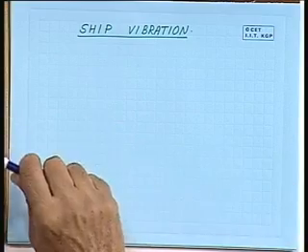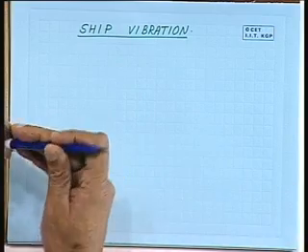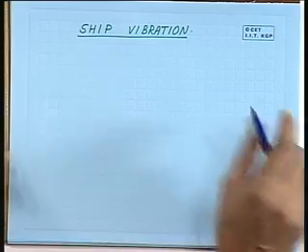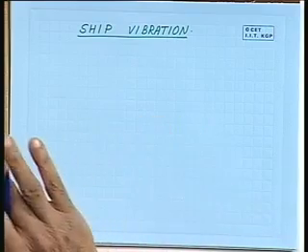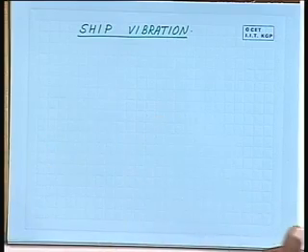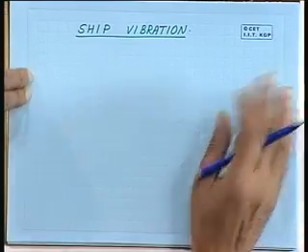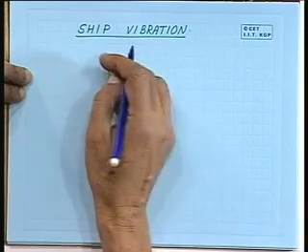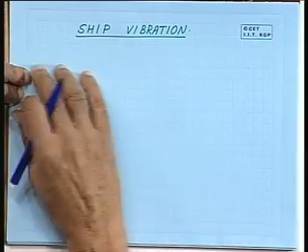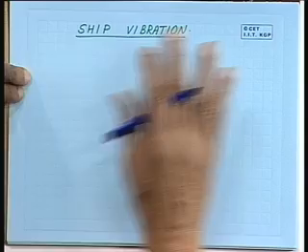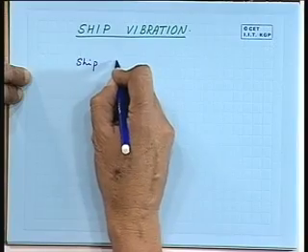When it comes to ship vibration, I have already said that for a continuum you have all the frequencies contained within it, and therefore when we talk about ship vibration, we have the lowest mode and the highest mode. Now earlier we said that we considered ship to be a ship girder.